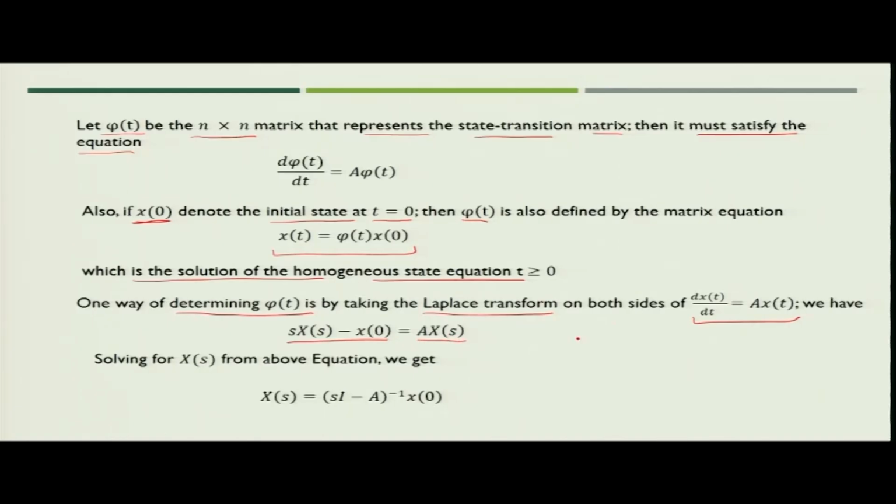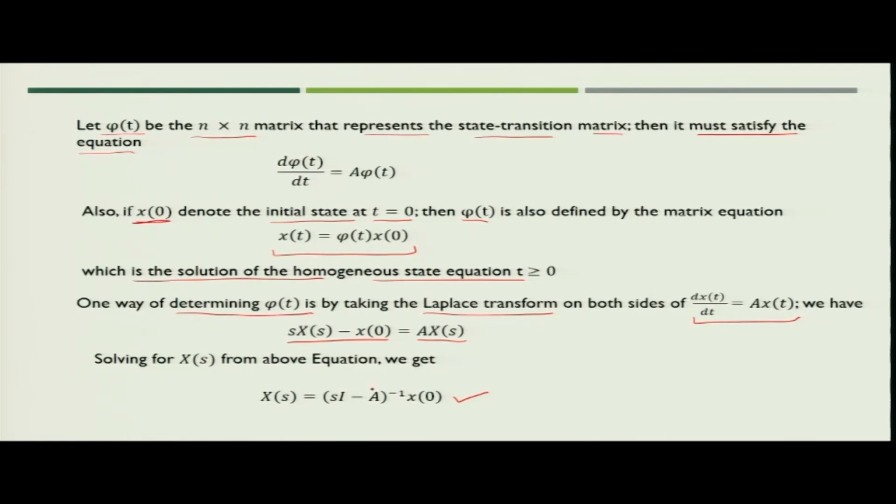Now, if you rearrange the terms, you can simply write X(s) as (sI minus A) inverse times x at time t equal to 0, where I is the identity matrix. So, this is what you get as the value of X(s).